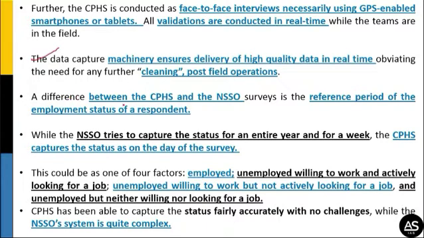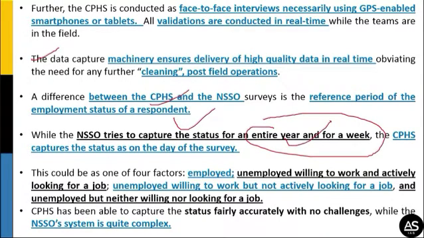The difference between the CPHS and NSSO surveys is the reference period of employment status for the respondent. The NSSO tries to capture the status of the entire year within a week, but CPHS captures the status on the day of the survey, and completes its cycle in a 4 month period.